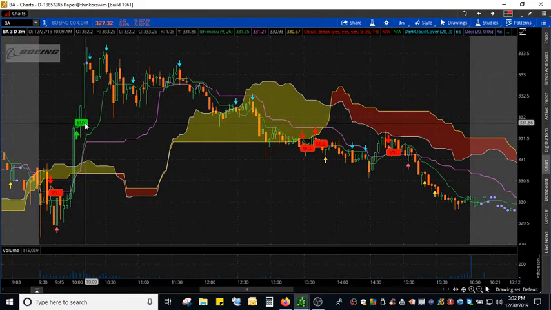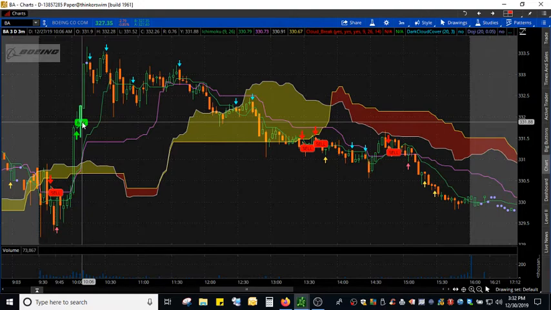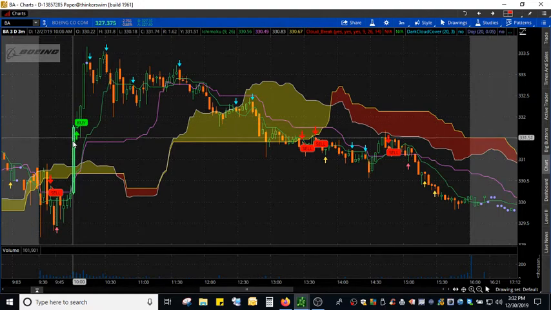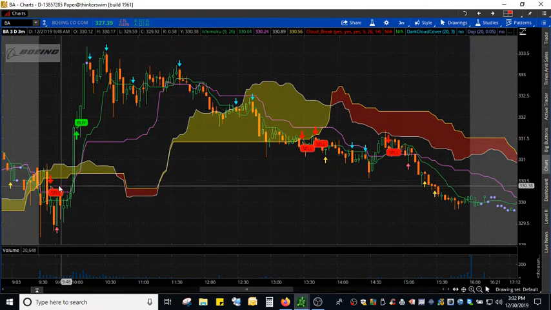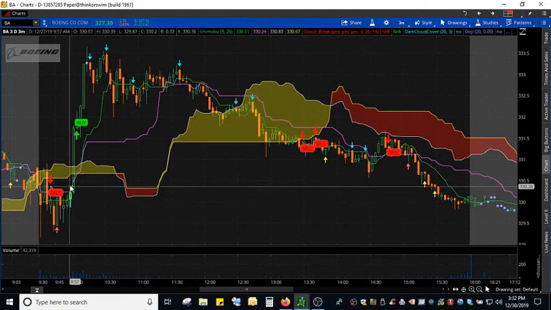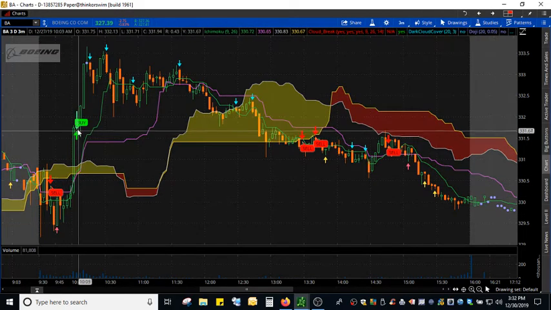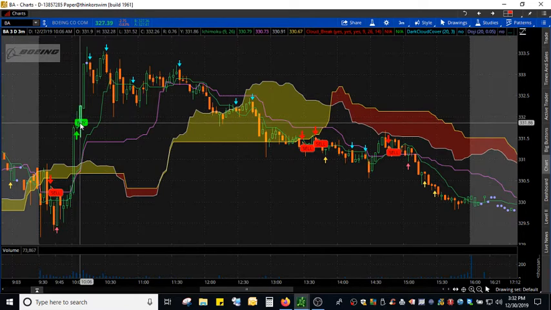There's a formula behind it. He made it, so I don't want to give out that formula. I really don't use this. I just have it there. But we had a big pop above here. The green line was above the red line, and I saw this buy signal, and it was a paper trade, so I was experimenting. I said, all right, let me try it here and see how high it goes.